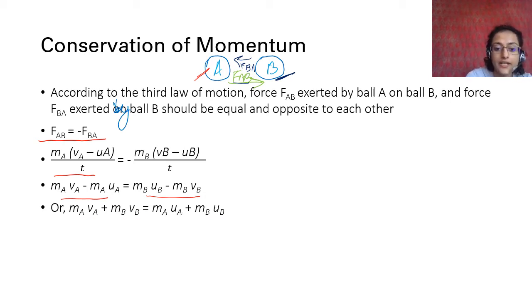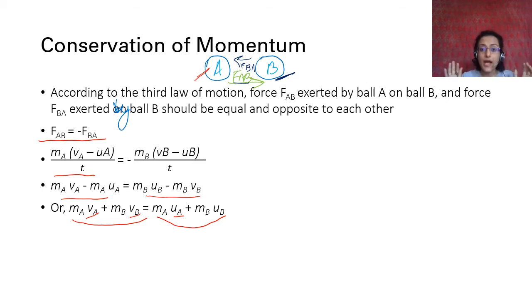We can rearrange this, right? We can rearrange and have the initial velocities and final velocities on the same side. So we see that the momentum after collision is equal to the momentum before collision, of both the balls together, not of a specific ball. So the collision happened between two balls.